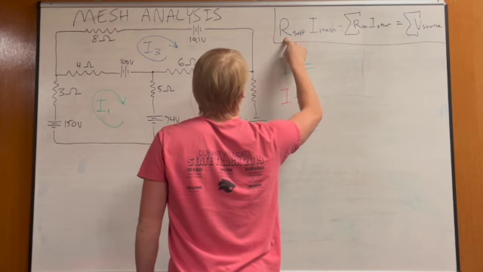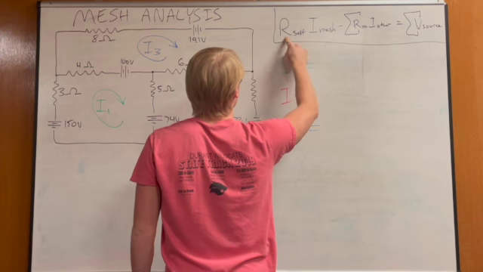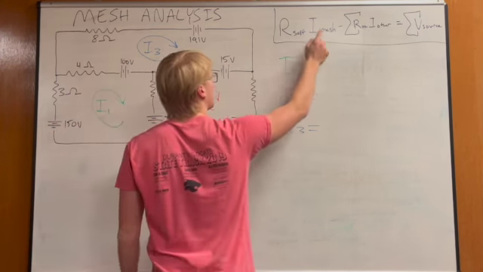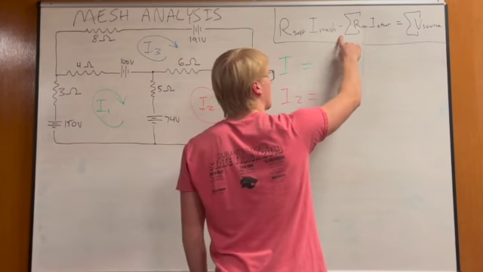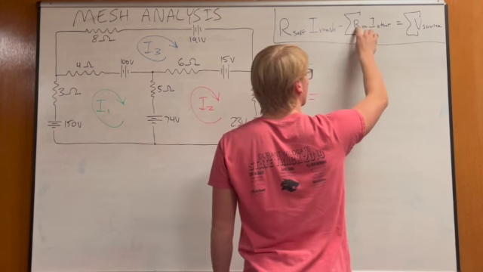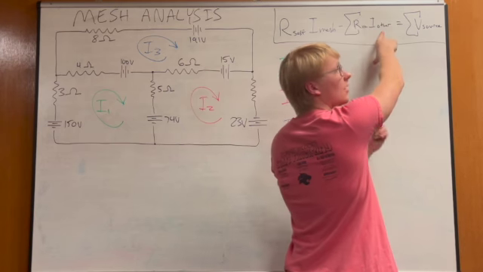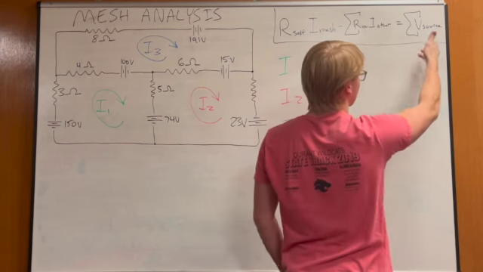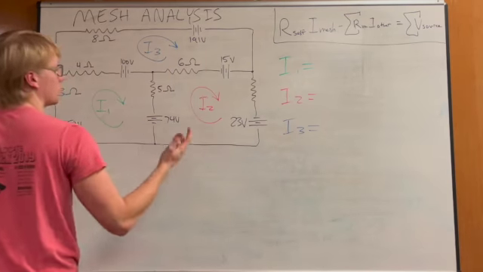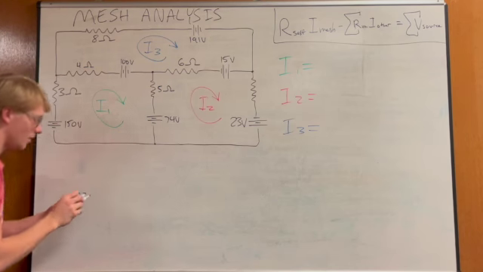The current of the resistance of itself when you analyze a mesh times that mesh, minus the summation of the mutual resistance times the other currents, or the meshes, is equivalent to the sum of all the voltages. And so this will make a lot more sense when I actually do it.